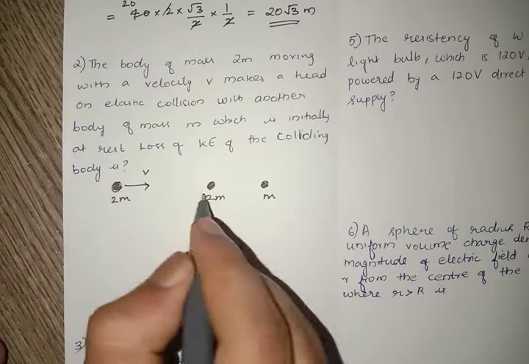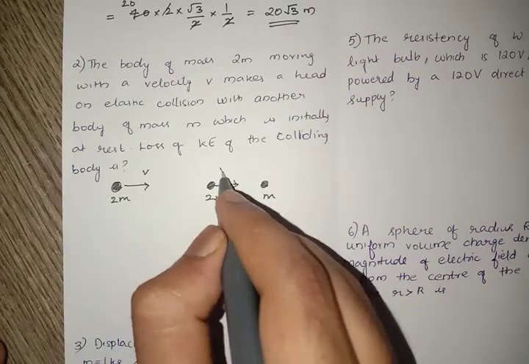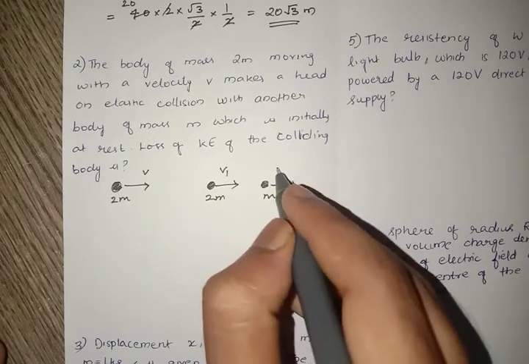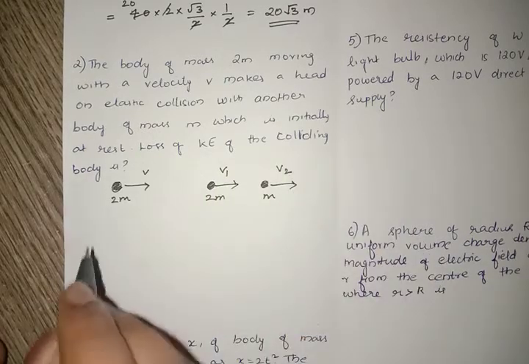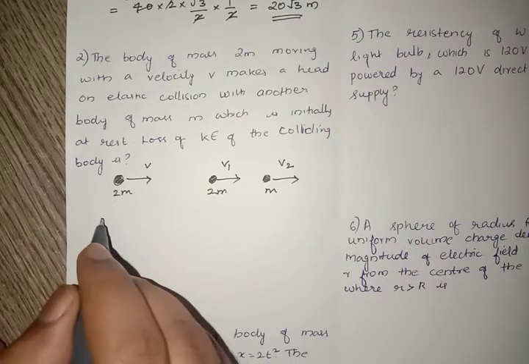Finally, when this collides, 2m will have some velocity and m will have another velocity.